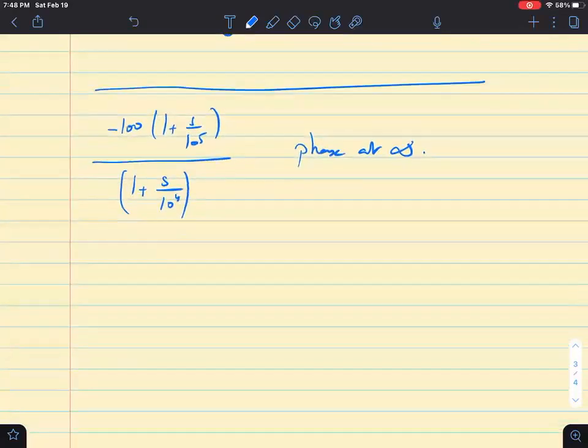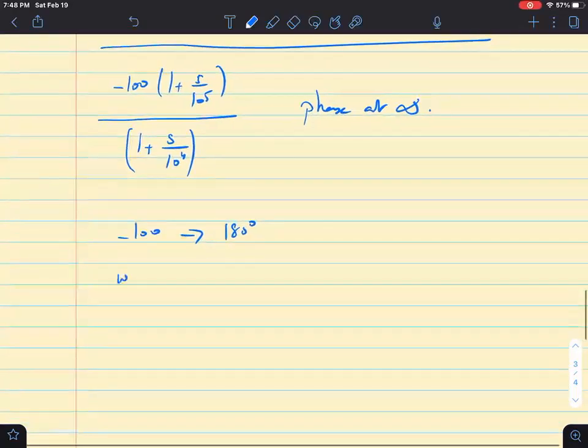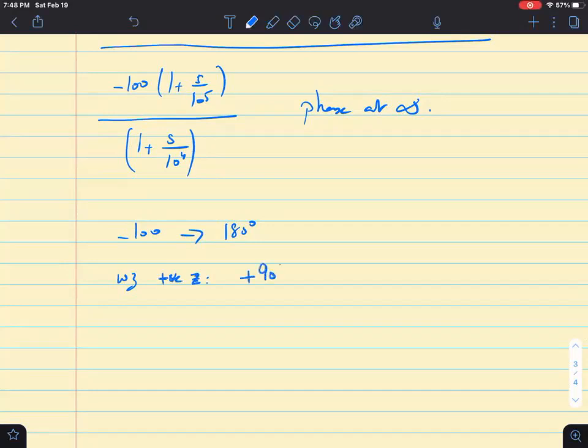We know that the minus 100 constant gives me 180 degrees, right? The omega z is a positive zero, so it gives me plus 90 degrees. Omega p is a pole, so it automatically gives me minus 90 degrees.